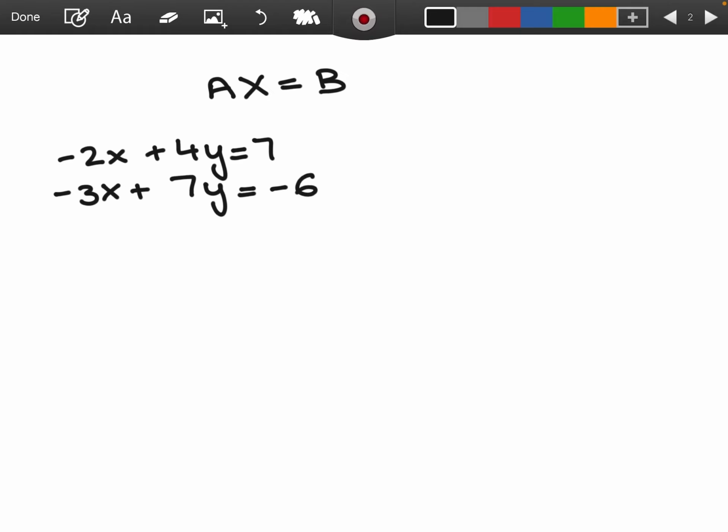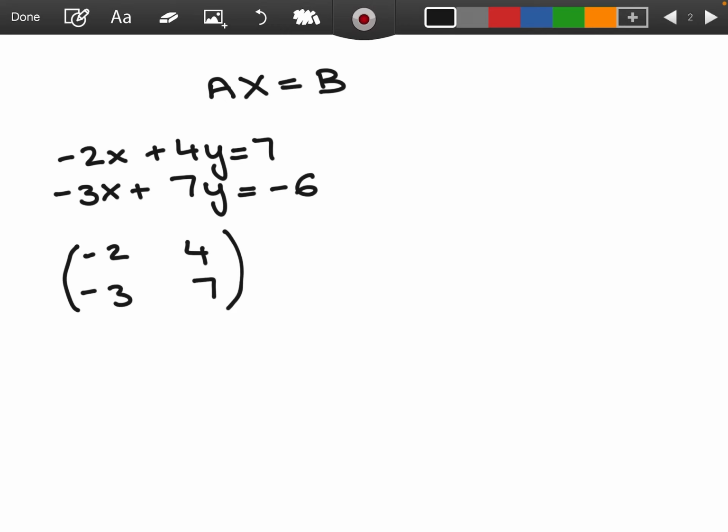And negative 3x plus 7y, I'm going to say is equal to negative 6. So we've got these two random equations. I want to solve them simultaneously.